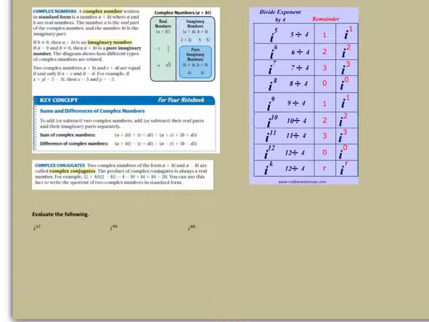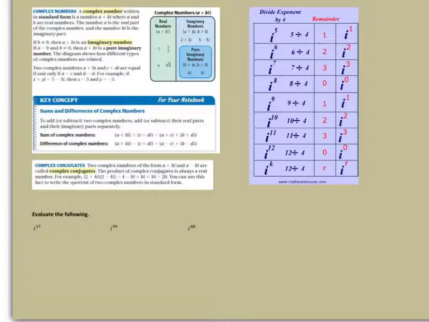Alright, sums and differences. What this is saying is, to add two complex numbers, you add the real numbers together and the imaginary numbers together. Okay? We'll do some examples later. Now, remember yesterday we learned conjugates.